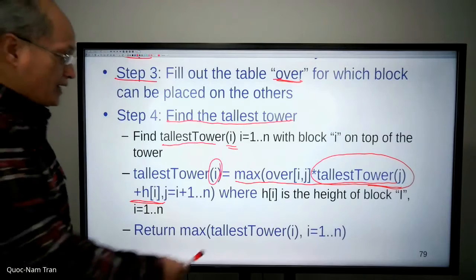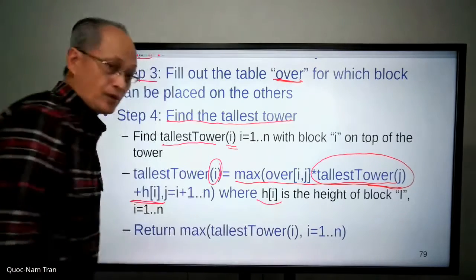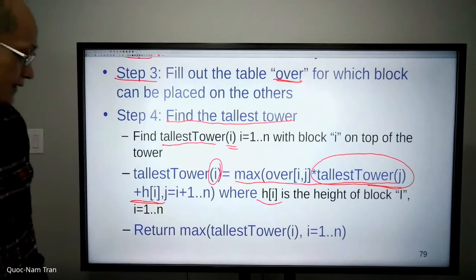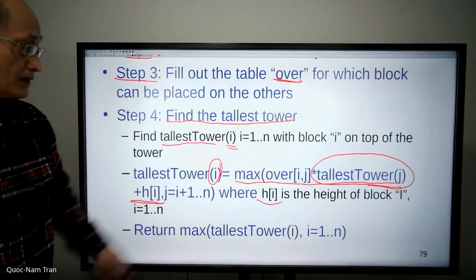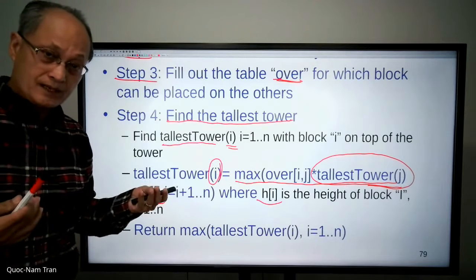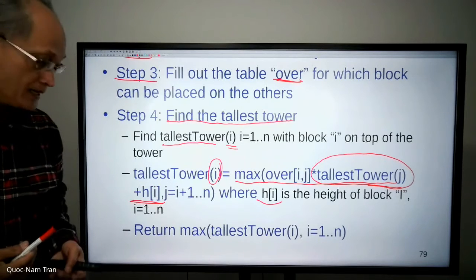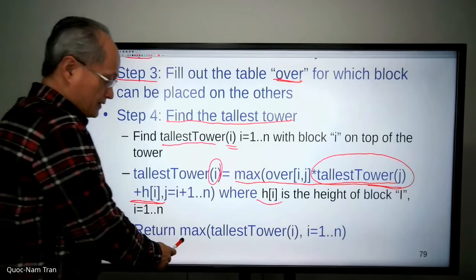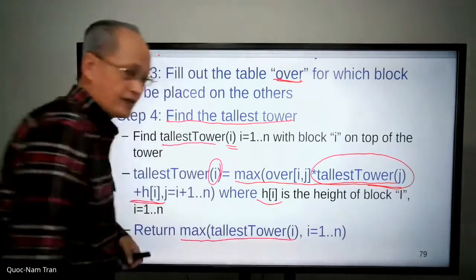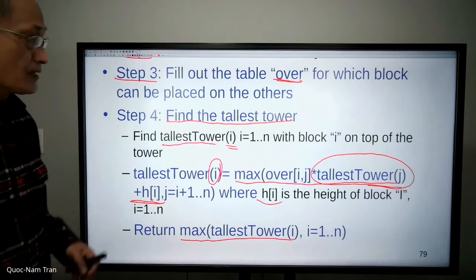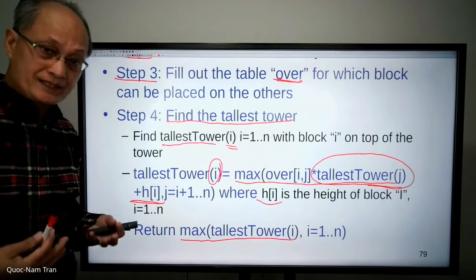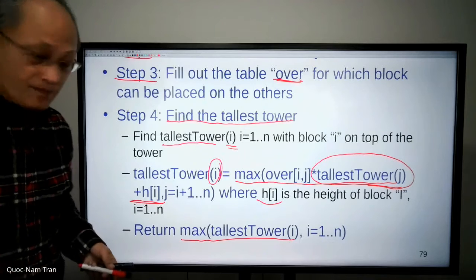Okay, so H_I is the height of the block I. After we have the tallest tower for all blocks from 1 to n, we simply return the biggest value, right? So the question is, what would be the complexity for this algorithm?